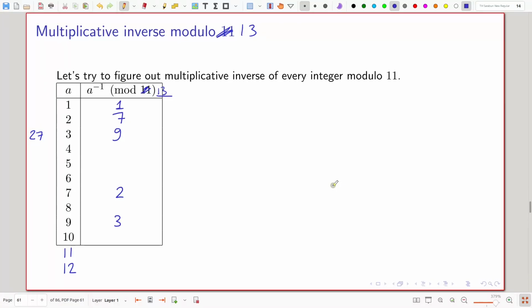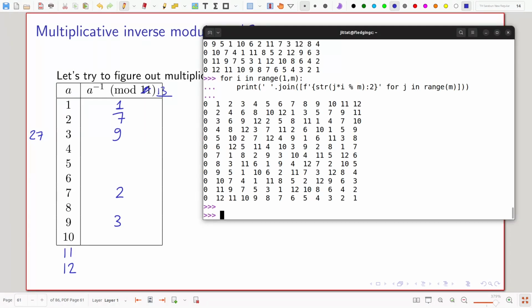So let me show you the multiplication table modulo 13. Then use your eye to fill out this table. So for 2 it's easy, right? For 2 it's 7.